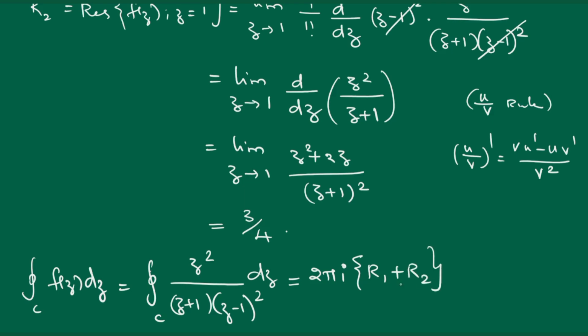Here we have two residues, R1 and R2, so we can add R1 and R2. This is equal to 2 pi i into the first residue, 1 by 4, plus the second residue, 3 by 4. Adding it, 4 by 4 is again 1. So the final answer is 2 pi i. So this is the answer for the given integration of z square by (z plus 1) into (z minus 1) whole square dz.